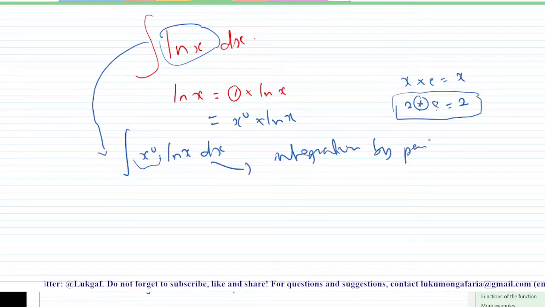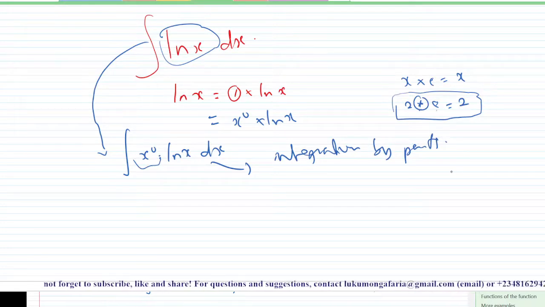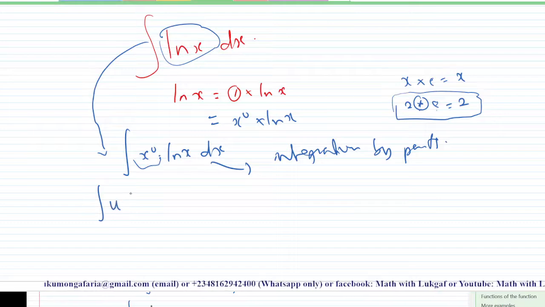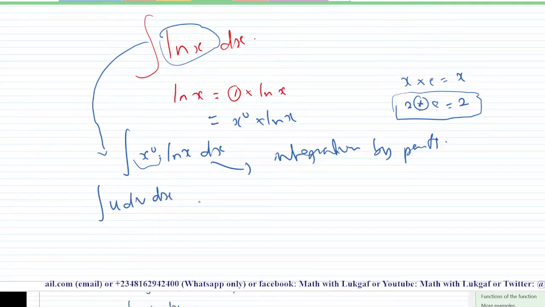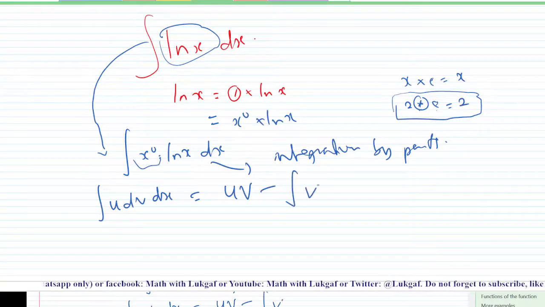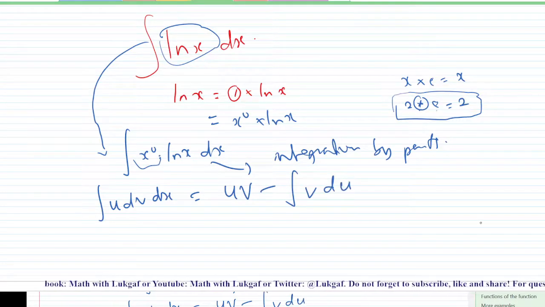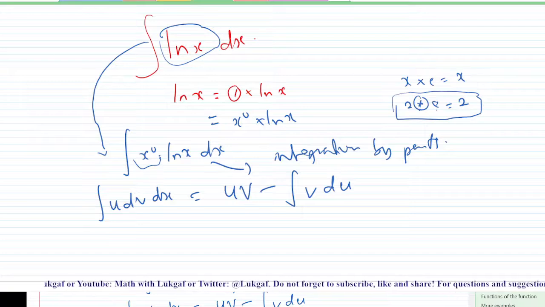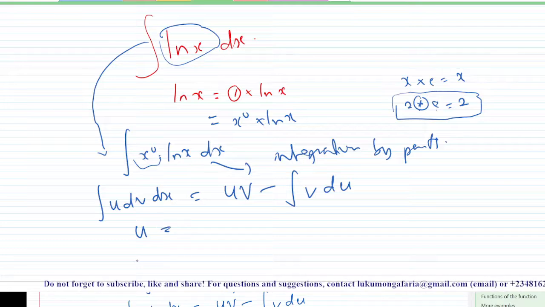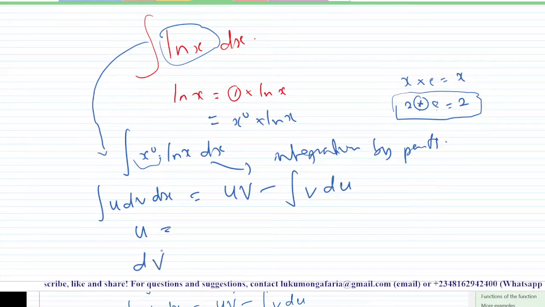Integration by parts. I explained how the formula was derived in my previous video. Remember, for integration by parts, that is when you have an integral of this form, u dv/dx, you are going to use this formula: uv minus the integral of v du. And don't forget, you take one of the functions you were given as u, and you take the other as dv.